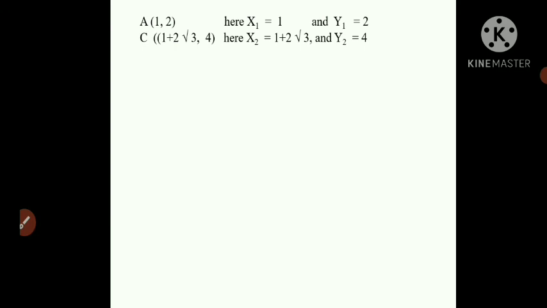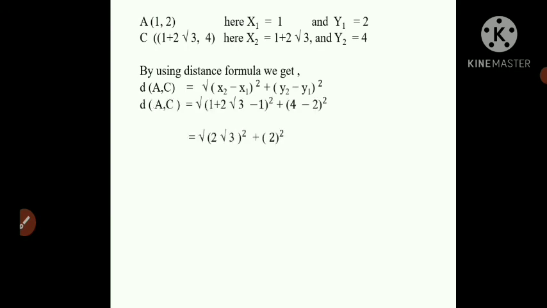The third is AC. A is again (1, 2), which is easy, but C is again (1 plus 2 root 3, 4). So x1 is 1 and y1 is 2, and x2 is 1 plus 2 root 3 and y2 is 4. By the distance formula, x2 minus x1 is 1 plus 2 root 3 minus 1; the 1 and 1 cancel.